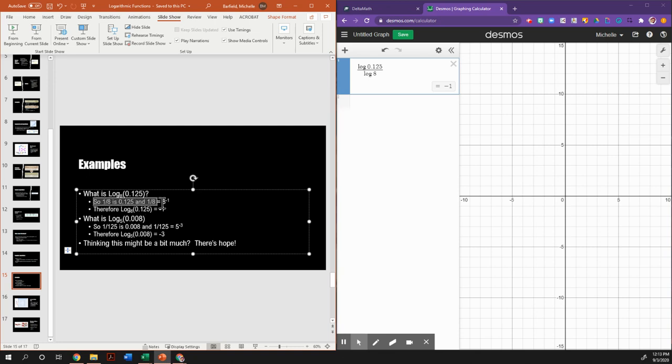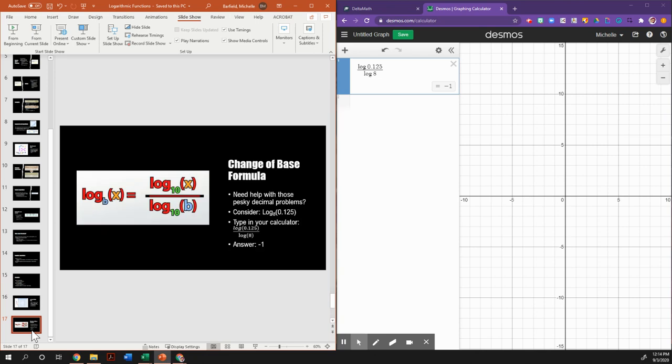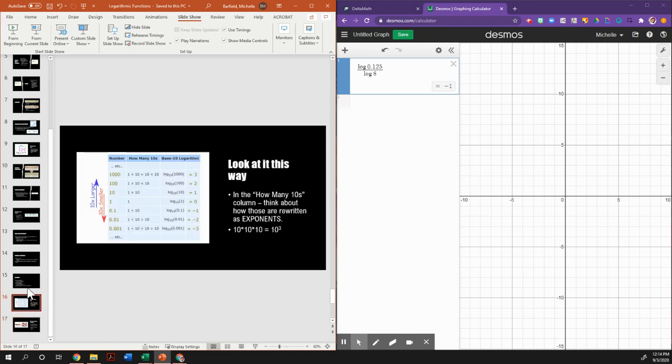So I went through that whole explanation right here. I didn't need to do that, because I can just type it in. I can type in log of 0.125 divided by log of 8, and I get the answer of negative 1. And that's how I would solve any problem that I didn't know.